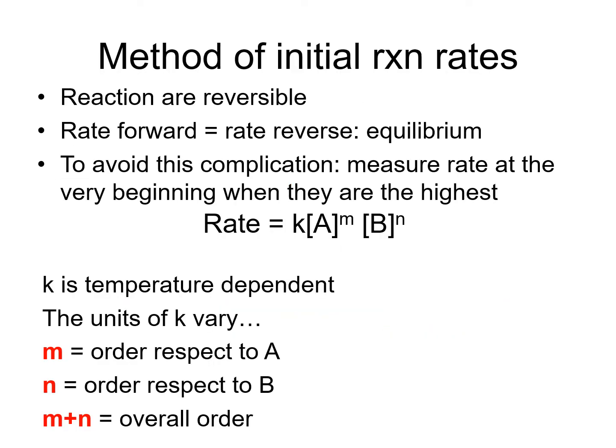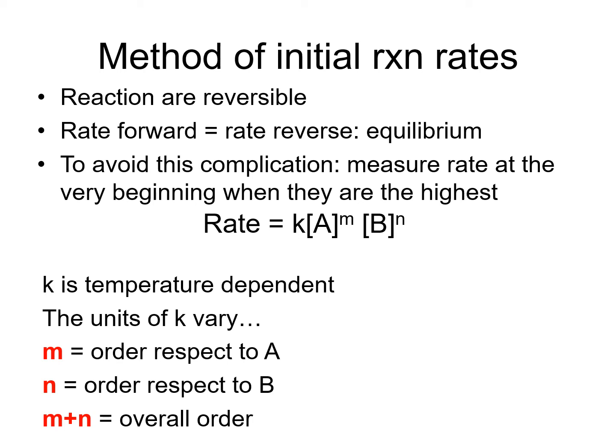So in order to determine the rate law, we need to perform experiments, and these experiments are based on the method of the initial reaction rates. We're going to measure the reaction rates at the very beginning of the reaction. Even if we have simplified things, assuming that the reaction happens in only one direction, so that it is irreversible, actually what happens most of the time is that as the products accumulate, they may react back and retransform into the reagent.